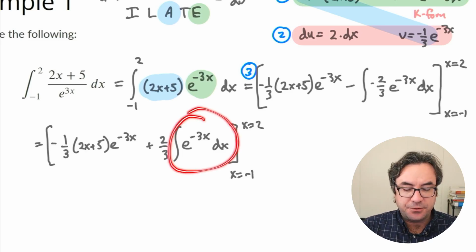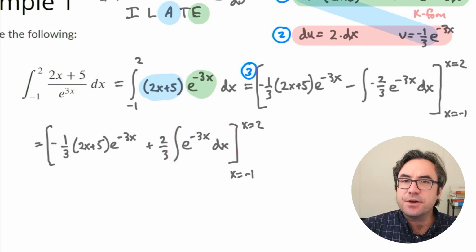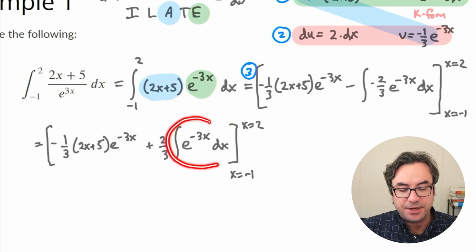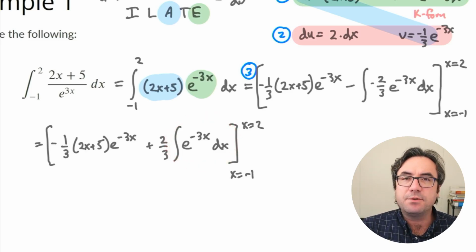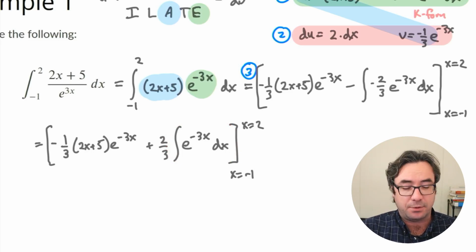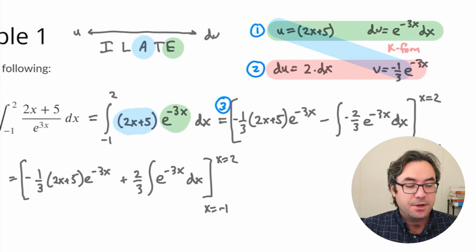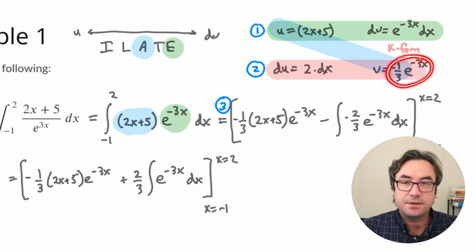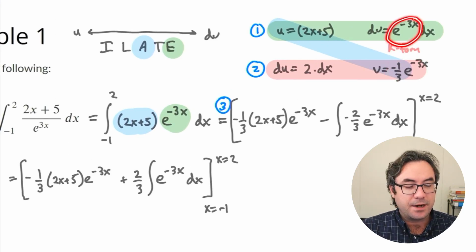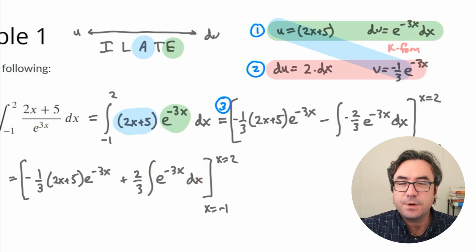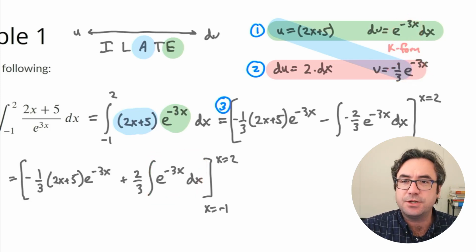All right, so we still have to do this integral. The nice thing with integration by parts is that the integral you still have to do, you've probably done something similar to it earlier on in the problem. And in this case, we did. We already integrated e to the negative 3x to get our v. So it doesn't hurt to go back up and think about what you did back here, and maybe reuse that or use the same strategy.